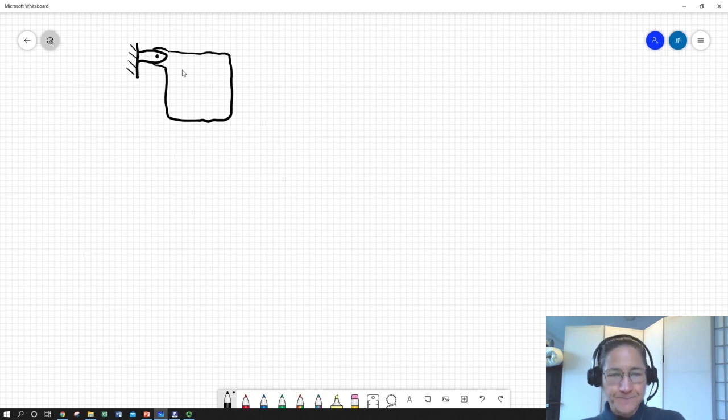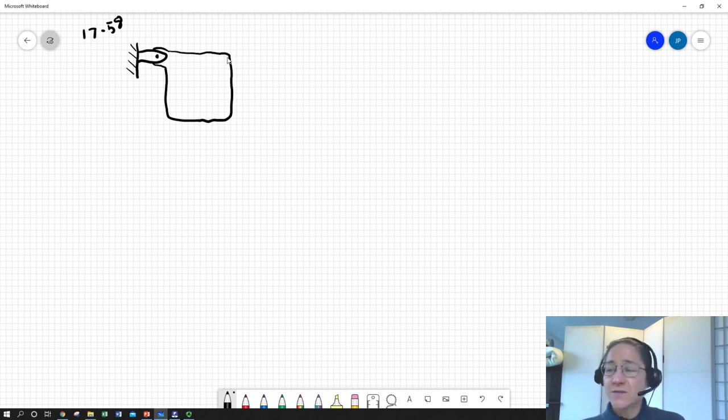So we're going to start with a problem from Hibbeler's Dynamics textbook. This is coming from the Hibbeler 14th edition, and this is problem 17-58. So for this, we've got a plate that's being held up on one side, and we're looking at it at an instant in time.